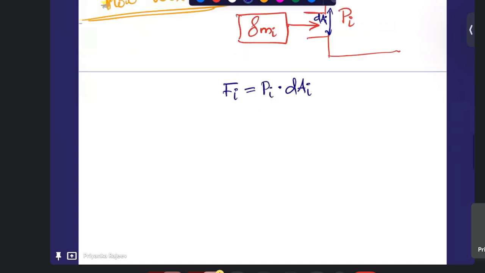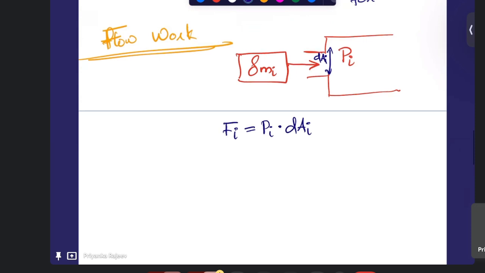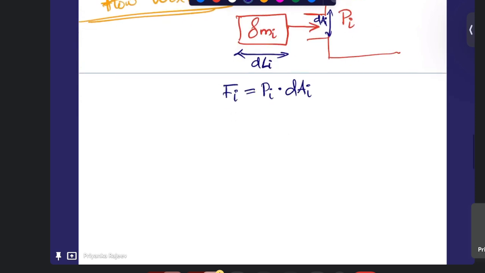Okay. So if this element is having a length of dLi, I can say that the work done on this element to make it enter into the system will be delta Wi, which is equal to, it is work done on the system, that is why negative will come, Fi, the force that is used to push this element into the system, times the displacement dLi.